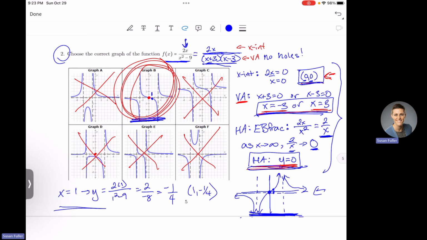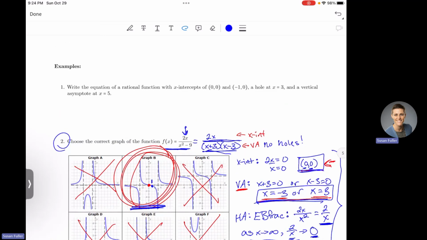Okay, so now that we have run through this again and your brain remembers how to find all of these things, let's come back to number one. I want to write the equation of a rational function that has x-intercepts at (0, 0) and (-1, 0).